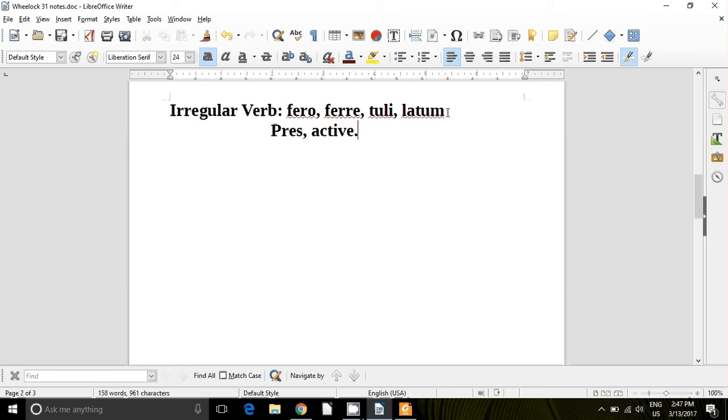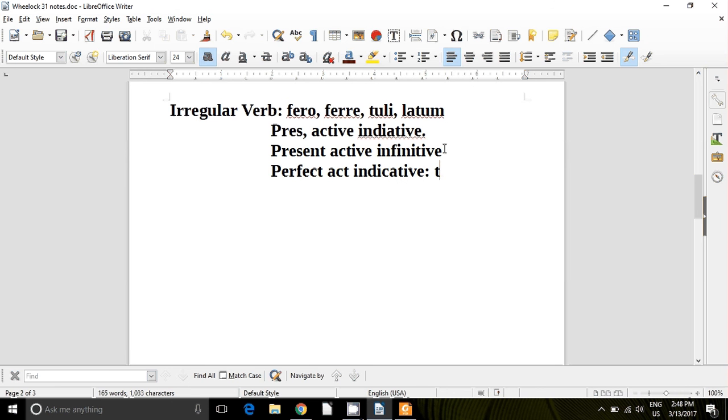Those four principal parts: the first one, fero, is the present active indicative, first person singular. Then ferre is the present active infinitive. The perfect active indicative is tuli.